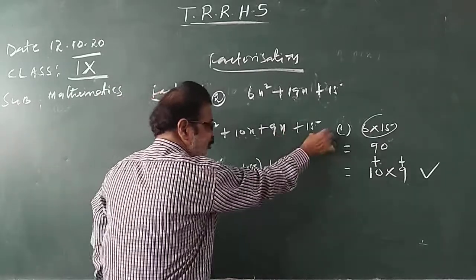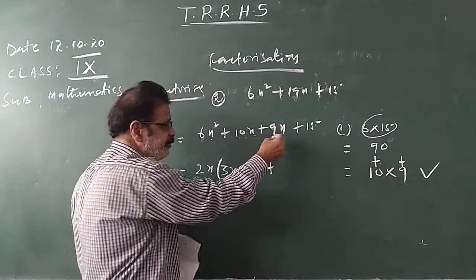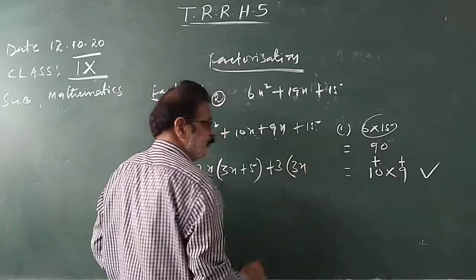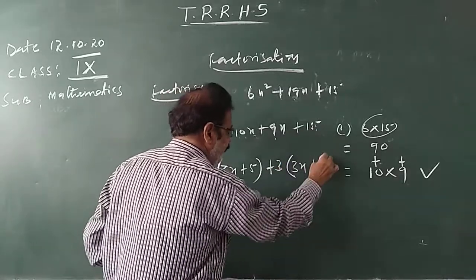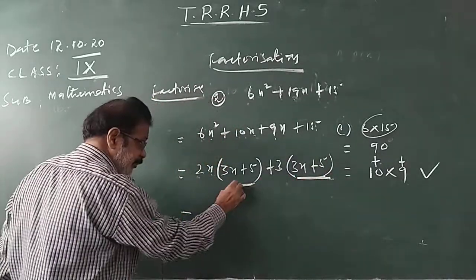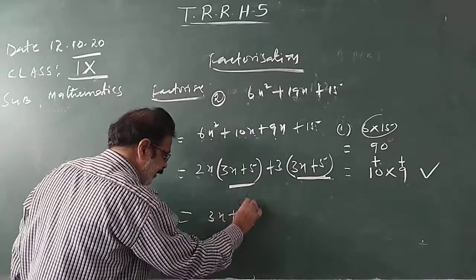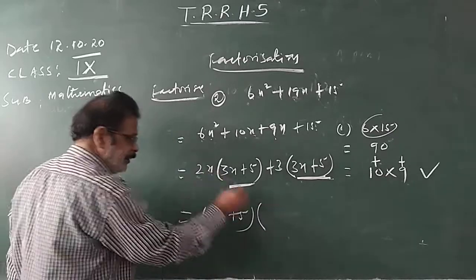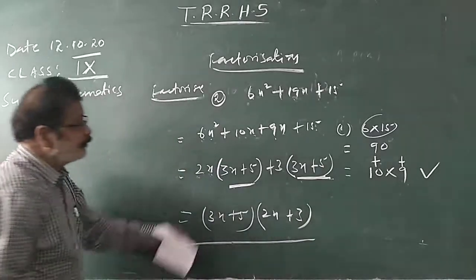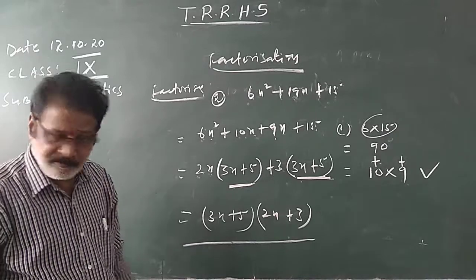Now x is not here, so we take only numerical multiples. 3 table: 3 into 3 is 9, 3 into 5 is 15. Take 3 common, 3 into 3 is 9, 3 into 5 is 15. Now 3x plus 5 is common. It is present in both terms, that is why we take it common. Outside we write 3x plus 5; what is left is 2x here and plus 3 here. So the factors of 6x squared plus 19x plus 15 are 3x plus 5 into 2x plus 3.